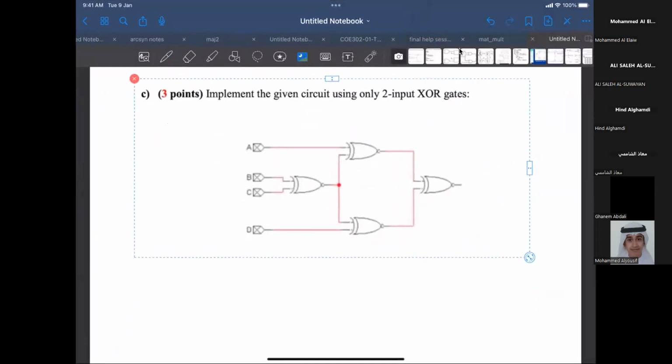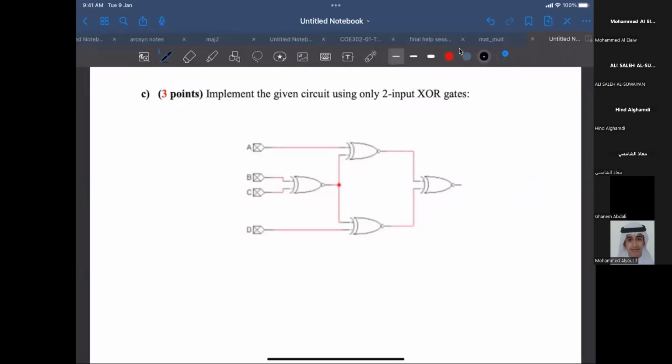Okay, so we have a circuit implemented using XNOR gates, and we would like to convert these to the minimum number of XOR gates. Okay, that's a good question. So first of all, you need to manipulate the bubbles and then see whether the circuit reduces to a smaller number of gates or not.